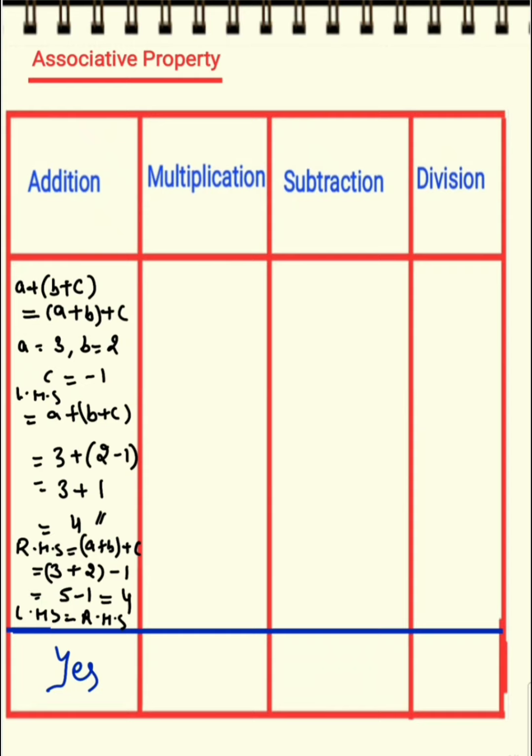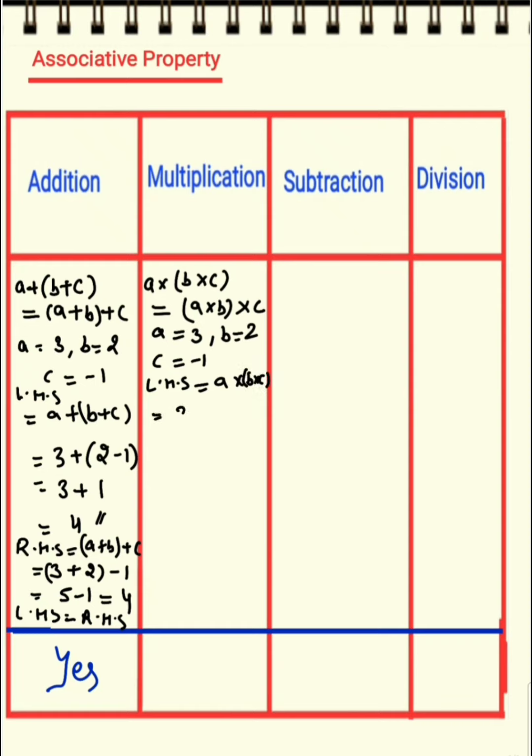Now let's do this property for multiplication. It says that if a, b and c are 3 numbers, then a multiplied by b multiplied by c, first I'll take this group, is always equal to a multiplied by b, now I'll take this group multiplied by c. So let's take one example. Let's prove this property. a is 3, b is 2 and c is equal to negative 1. So I'll take left hand side, which is equal to a into b into c.